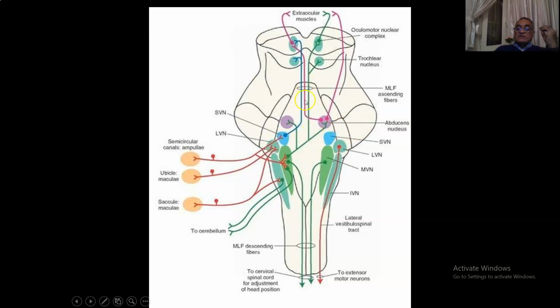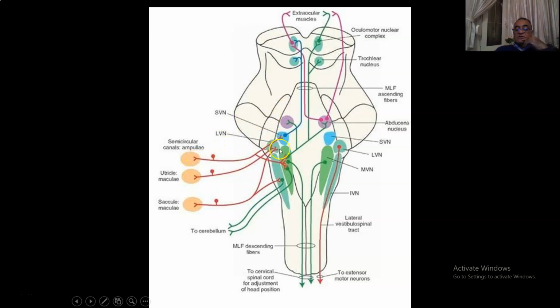Here, the medial longitudinal fasciculus gives impulses to the nuclei responsible for the ocular motility, which are the abducent, the trochlear, and the oculomotor nerve. So it receives information from the vestibular nuclei to harmonize the movements of the eyes with the sense of position during rest or motion.